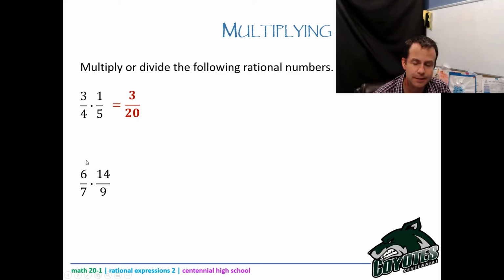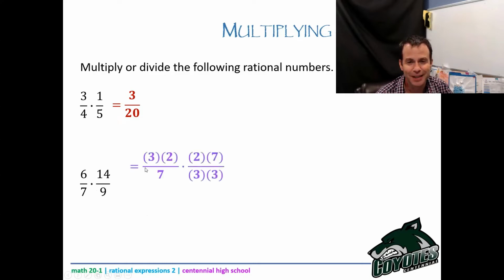I'm going to take my 6 and call that 2 times 3. I'm going to take my 14 and call that 2 times 7. And I'm going to take my 9 and call that 3 by 3. So I've got 2 by 3, I've got 2 by 7, and then I've got 3 by 3.